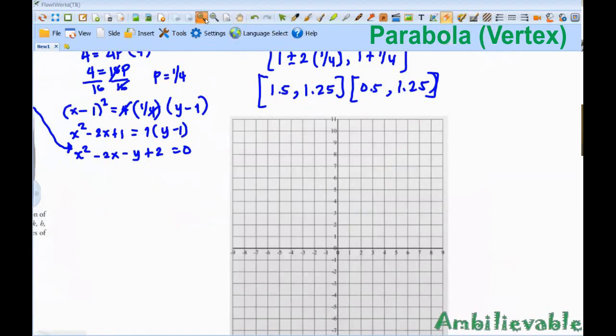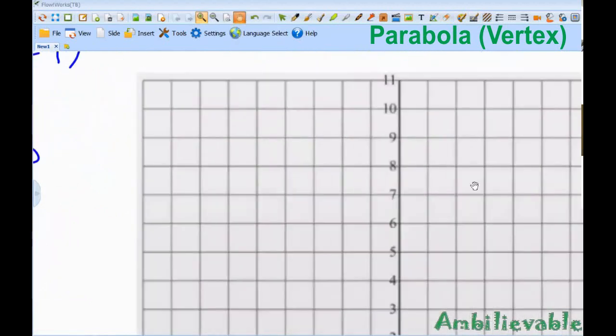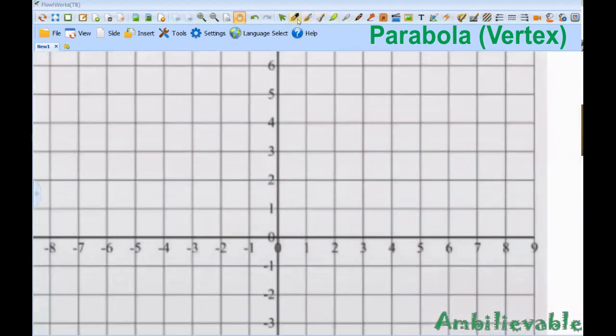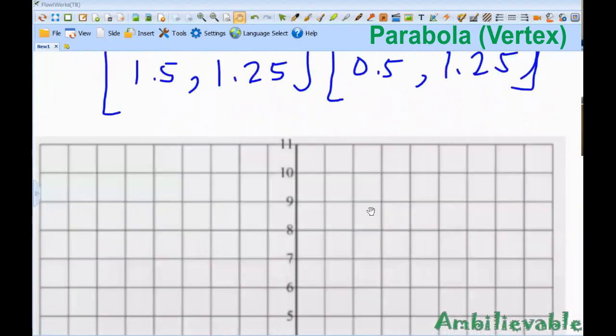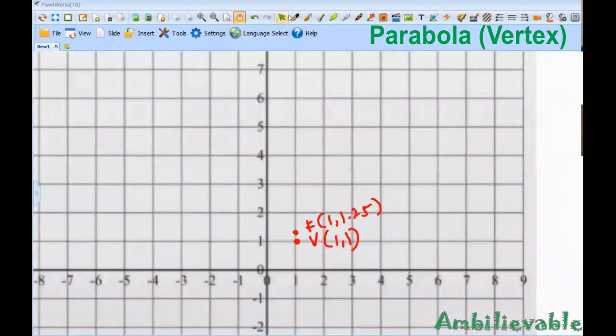Let's make it bigger so that we can graph it well. So this is the vertex. The focus is at 1 and 1.25. Our endpoints are 1.5, 1.25 and 0.5, 1.25.